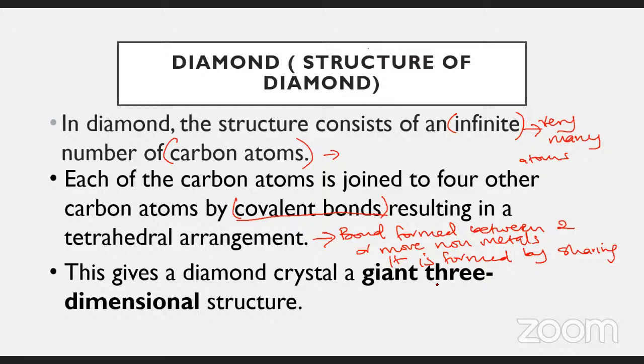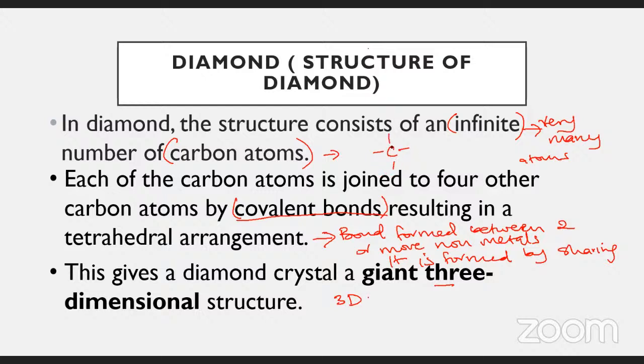When we say 3-dimensional structure, that is a 3D structure. So whenever they ask you to explain the structure of diamond, first of all, you have to talk about the very many atoms of carbon that make up that structure. And again, you have to talk about that each carbon atom is surrounded by 4 other carbon atoms.